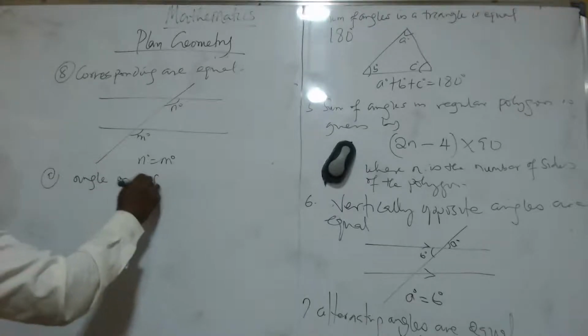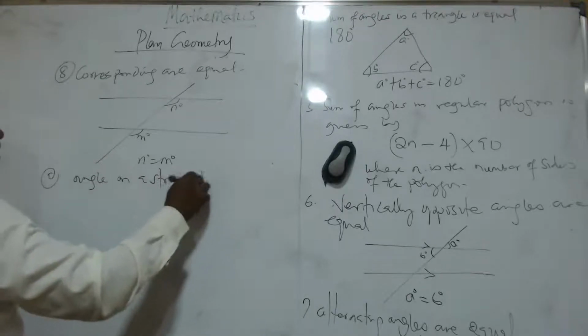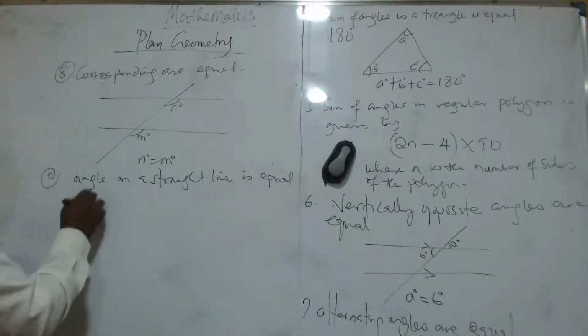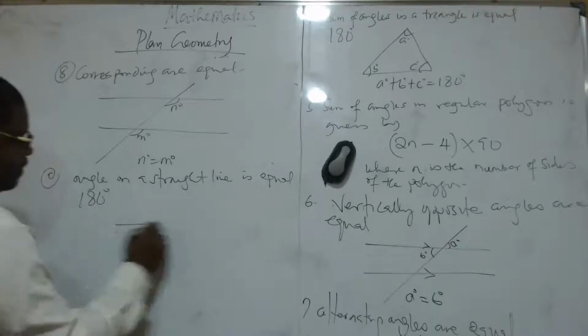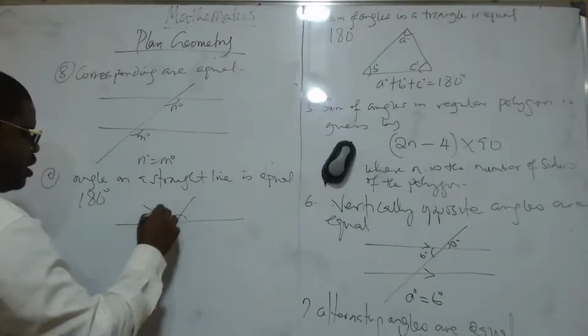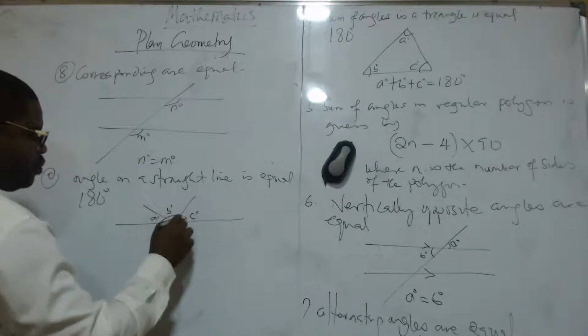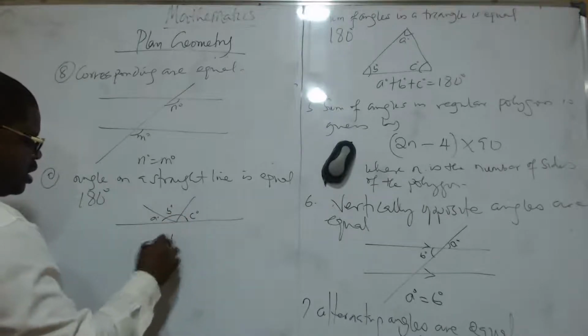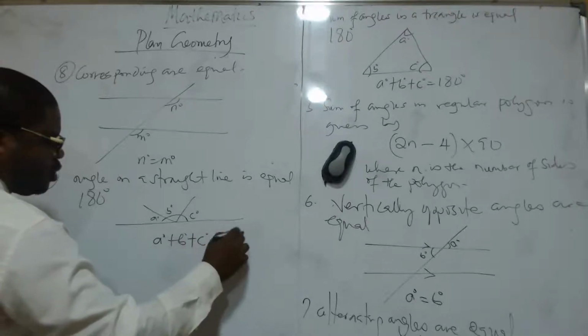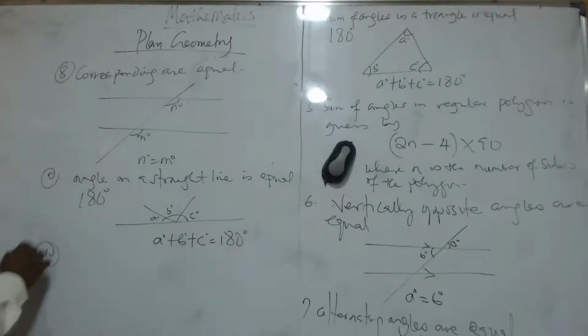Angle on a straight line is equal to 180 degrees. You have A plus B plus C. A plus B plus C equals 180. You have what?